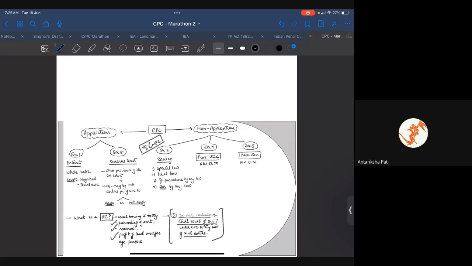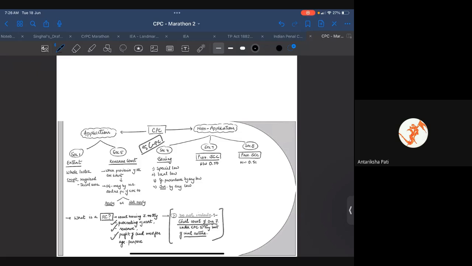But for that, first the provisions of the revenue code must be silent. Now non-application: if there is a special law, local law, special procedure, or jurisdiction by any law, then those will override CPC.